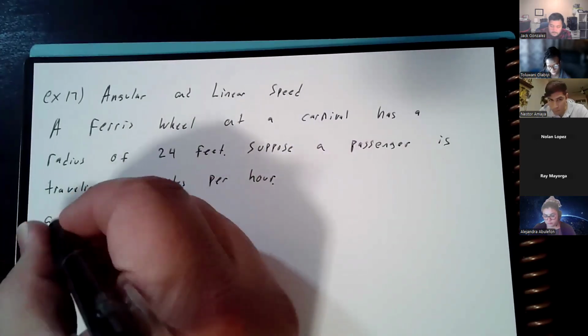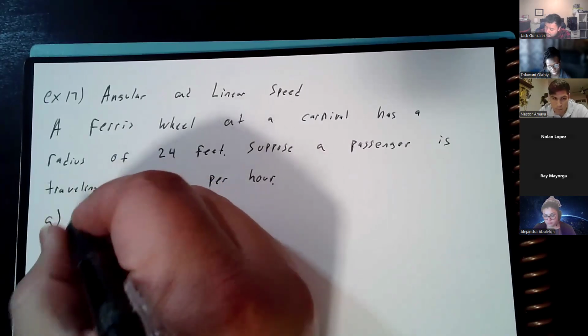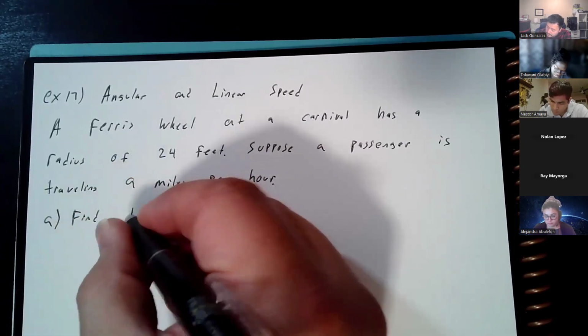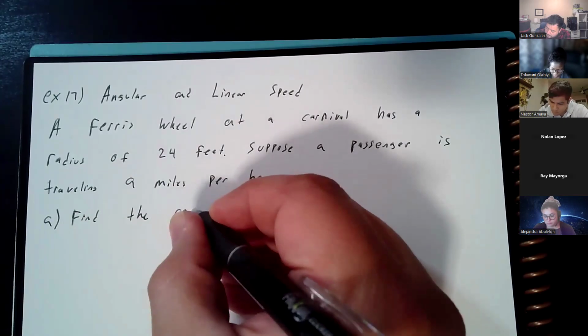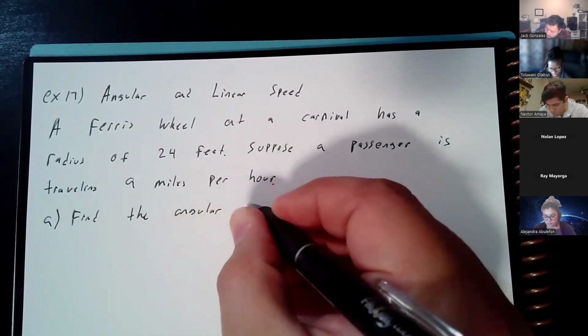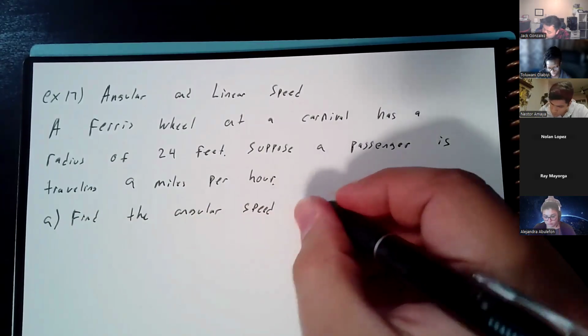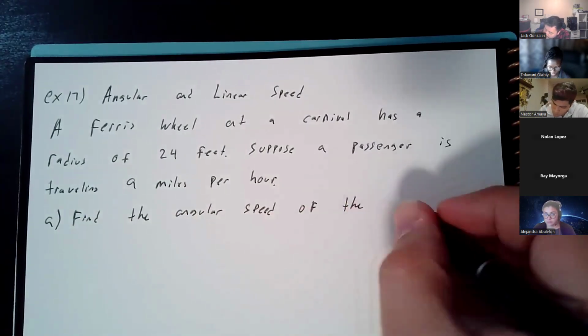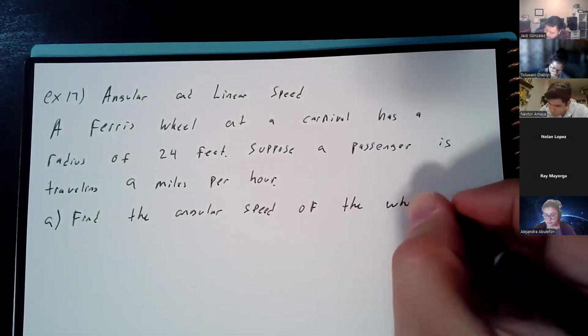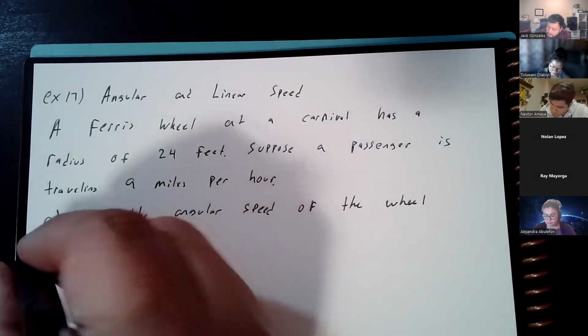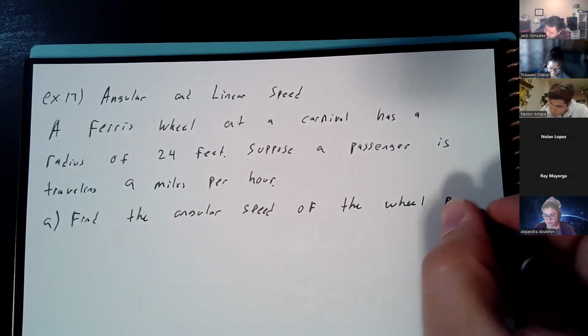Okay, part A. Find the angular speed of the wheel per minute.